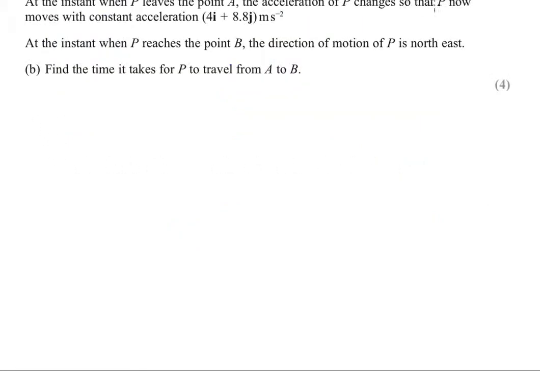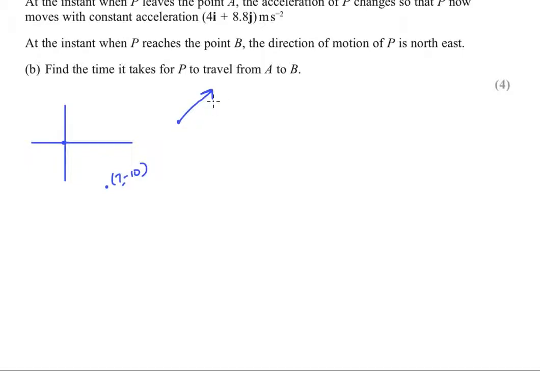Okay, for part B, it then says that when it leaves point A, so if you remember, it started at the origin, it went to 7i minus 10j, and then it's now changing its acceleration to a new constant acceleration, and it's heading off to B, and it says that when it gets to B, its direction of motion is northeast.